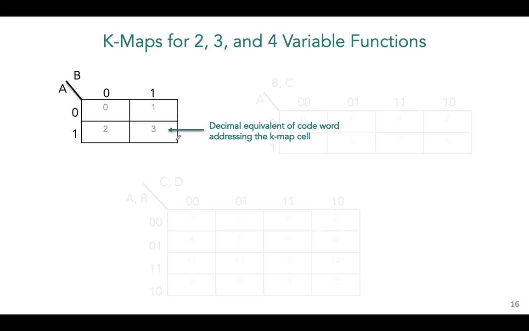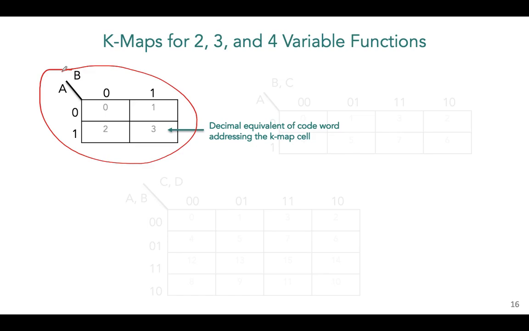We start the numbering with 0, and then 0, 1, 2, and 3. And this completes an empty K-map for a 2 variable function. What we do with these maps, we're going to discuss in the upcoming slides. But for now, all you have to understand is what a K-map for a 2 variable function looks like.